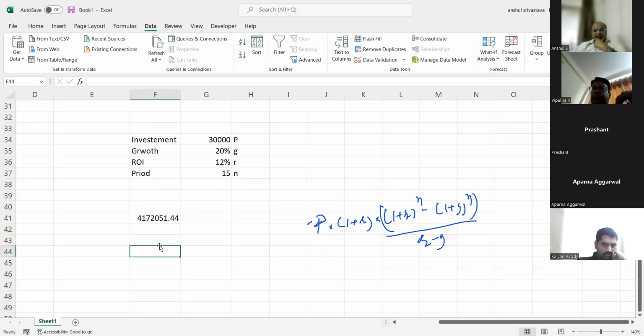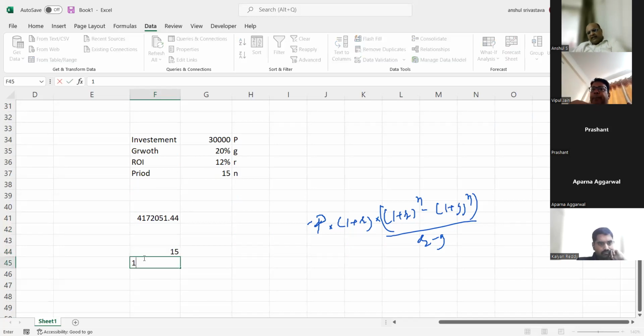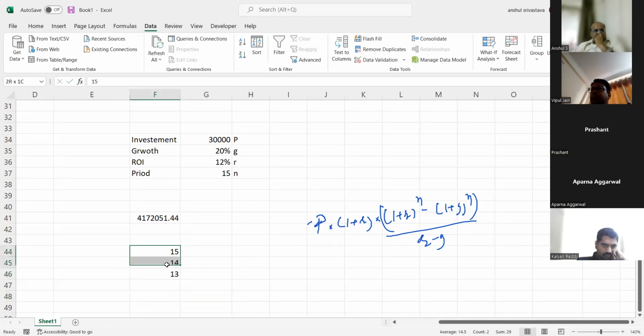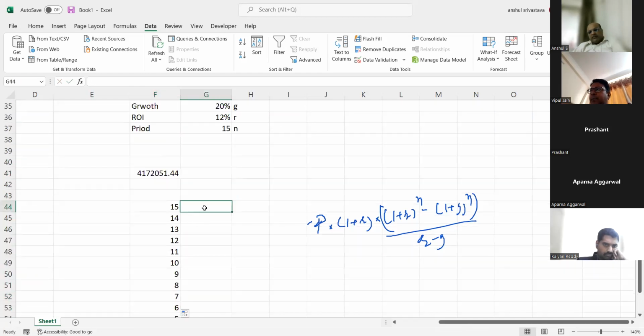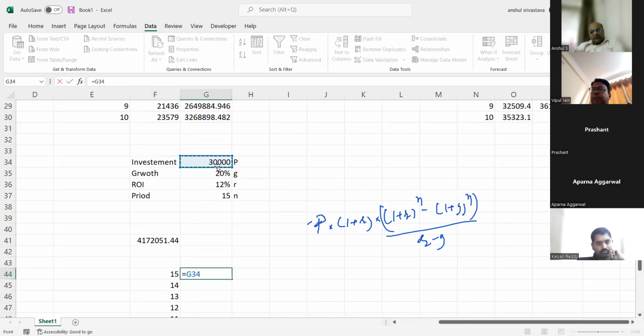If you want to do it in Excel, this is the story of how many years? 15 years. So first payment 15, write it like this: 15, 14, 13. Look, the first payment is happening today. What is the first investment? The first investment is 30,000.